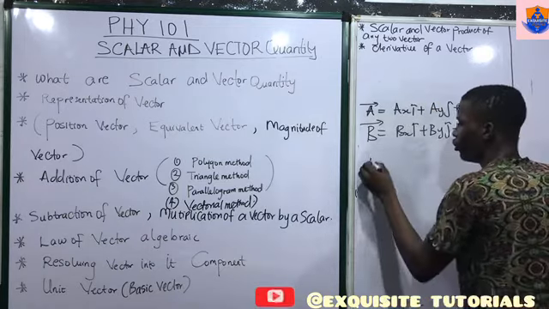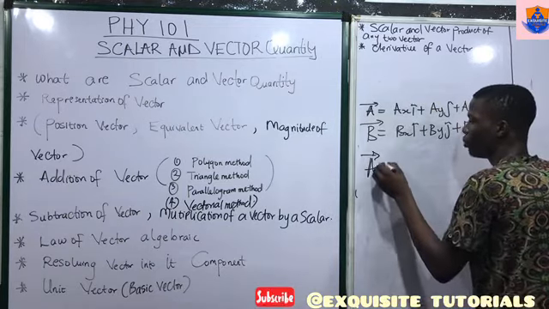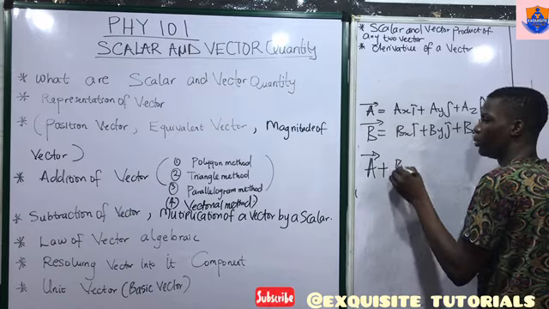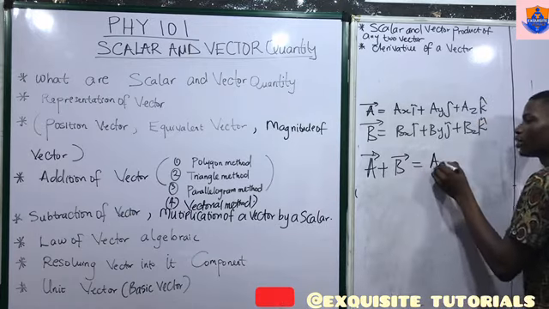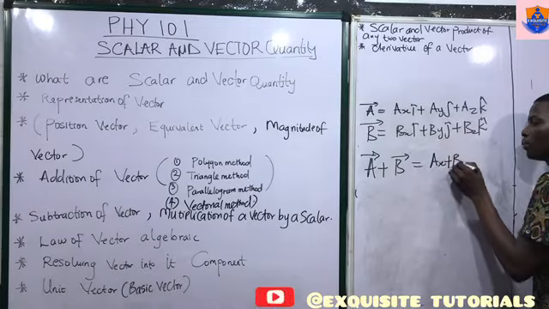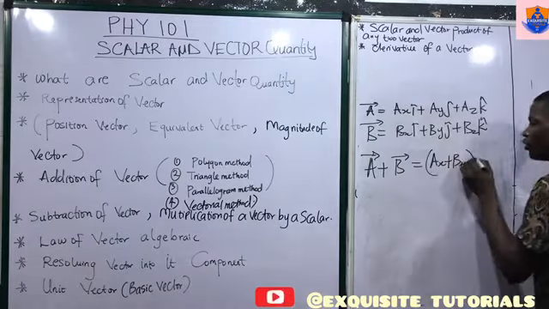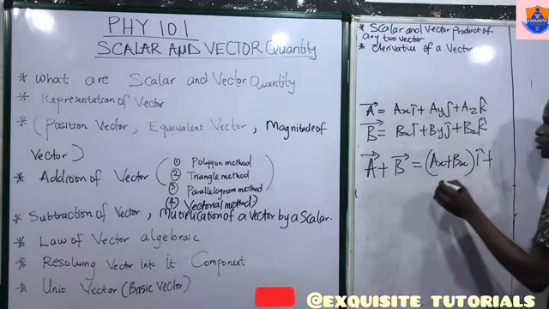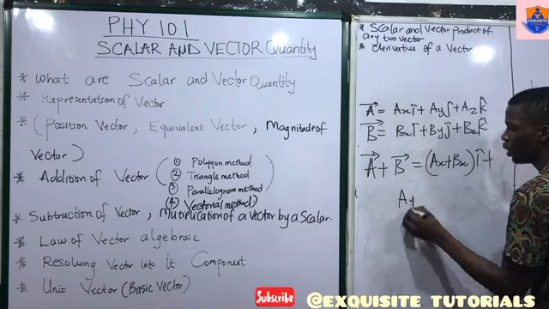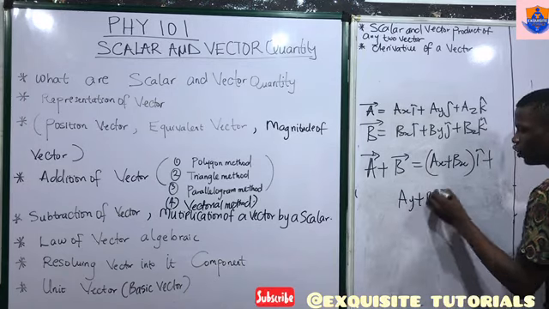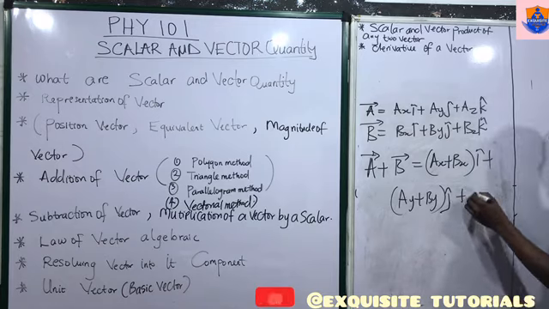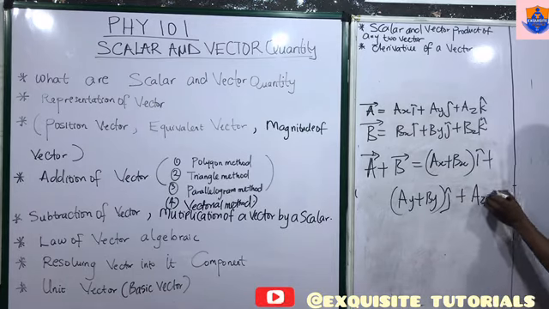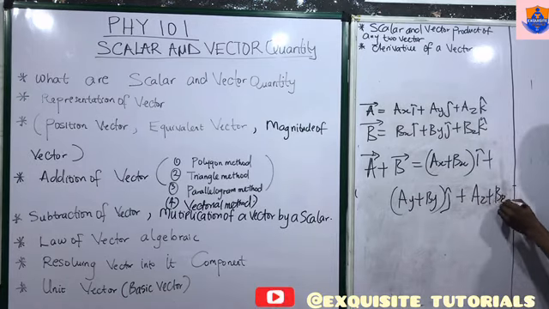So our vector A plus our vector B will be equal to (ax plus bx) in vector i, plus (ay plus by) in vector j, and plus (az plus bz) in vector k.